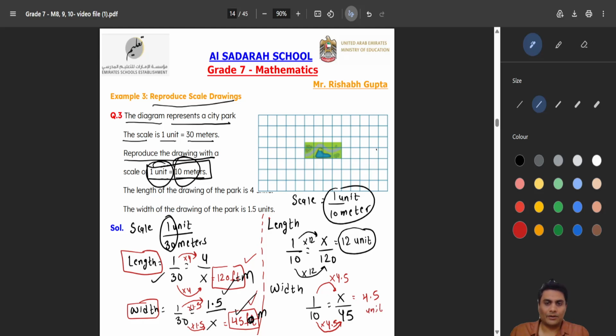So now I know very clearly that according to the new scale, I need 12 units for the length. So for the length I will count 12: 1, 2, 3, 4, 5, 6, 7, 8, 9, 10, 11, 12. And how many units for the width? 4.5 units.